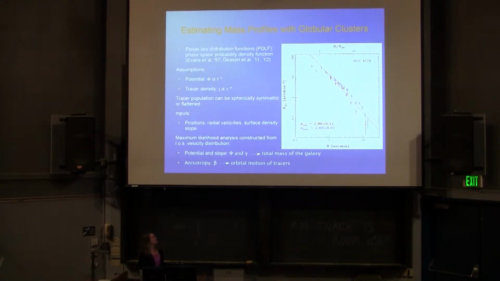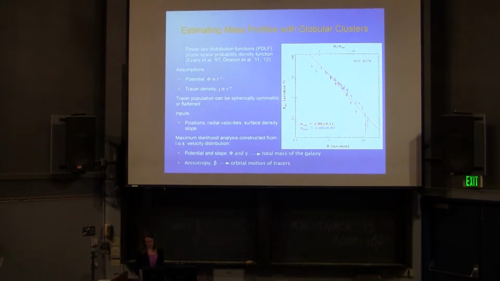This model has some basic assumptions: that the spherical halo potential of the galaxy, and also the tracer density of these systems, are fit well by power laws. Okay.